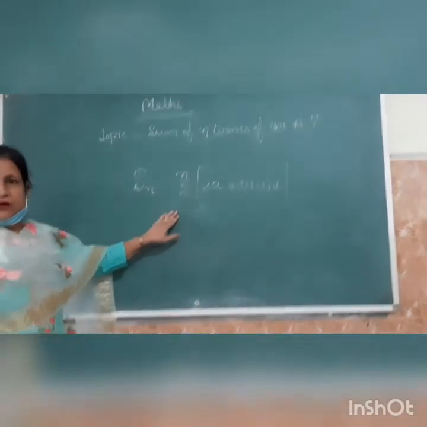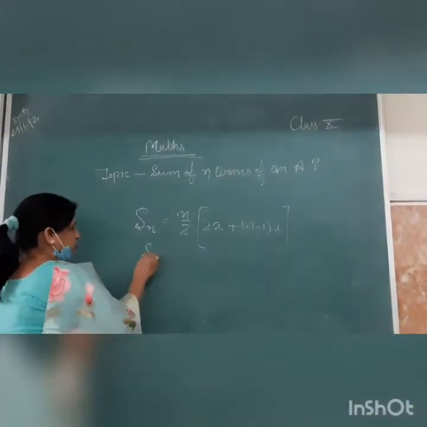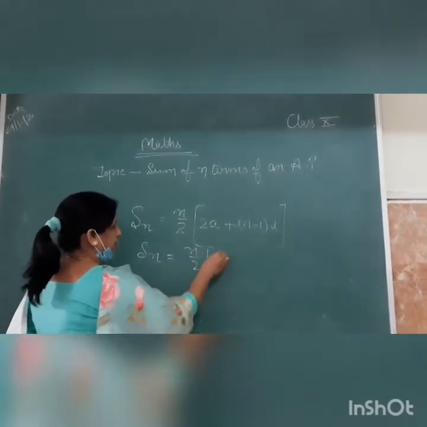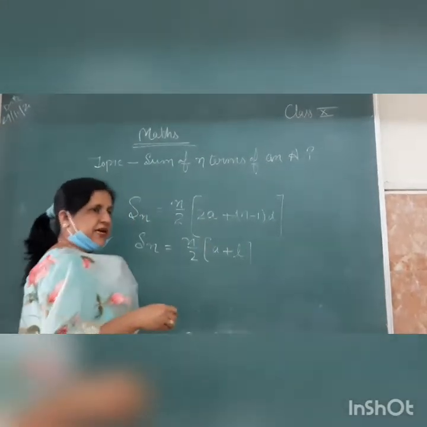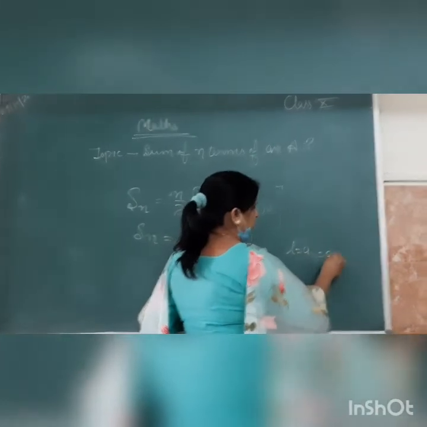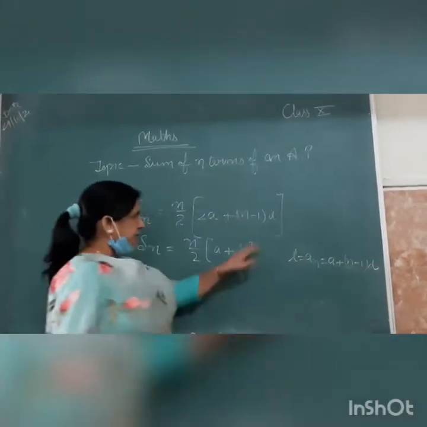Is that clear? Next, you can also use the formula n/2 (a + l), where l is the last term. The last term l is equal to an, which is equal to a + (n-1)d.